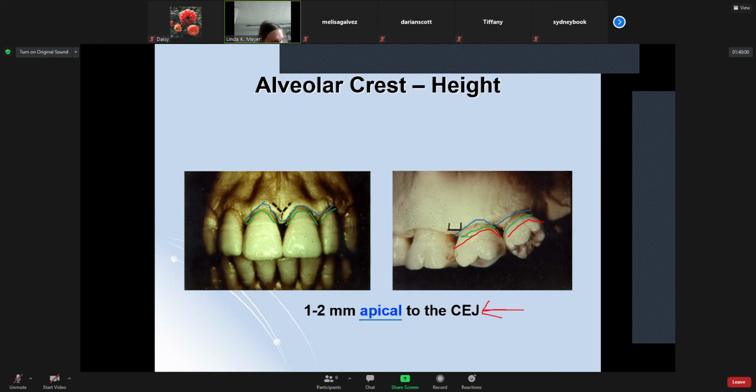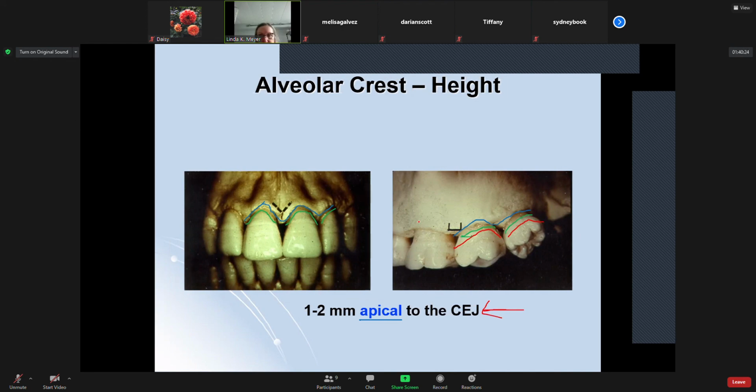So the word to plug in there is scalloped. And which area is it more scalloped? In the anterior, because again, that relates to how the CEJ is more scalloped on anterior teeth than posterior teeth. But in general, we can say the alveolar crest is scalloped.